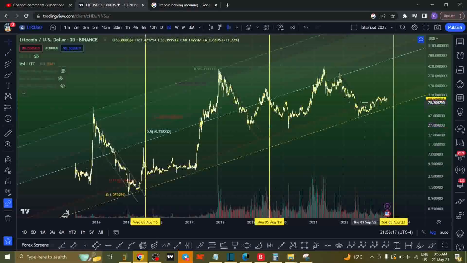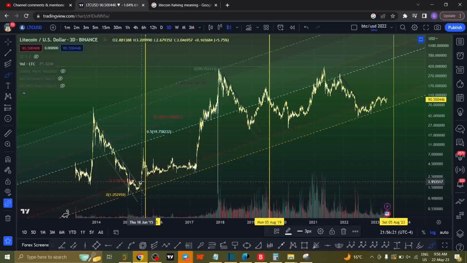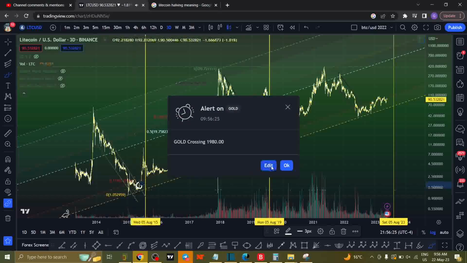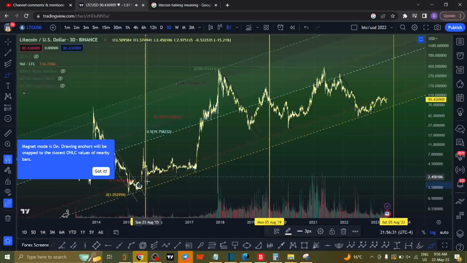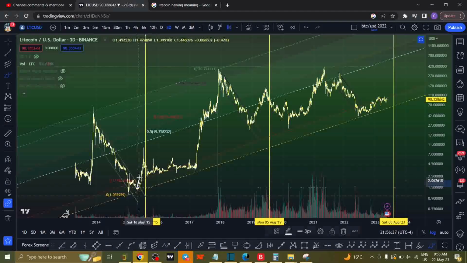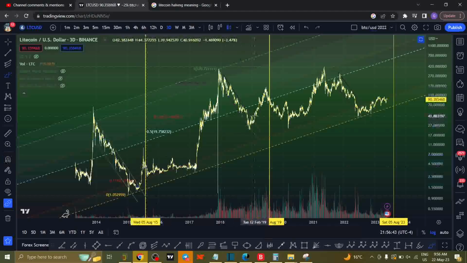From such support and resistance, you can see whenever price crossed above our resistance level, price acted. Ignore my gold alerts, apologies for that. So resistance crossed above, therefore price went up. Back here as well, in 2019, we crossed above our resistance, price went up.